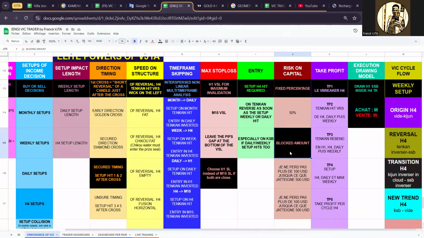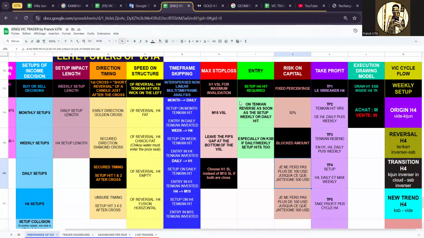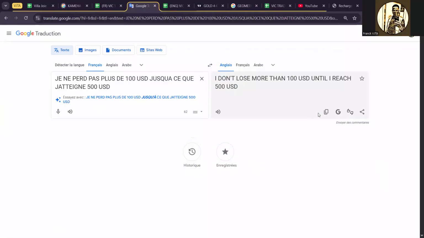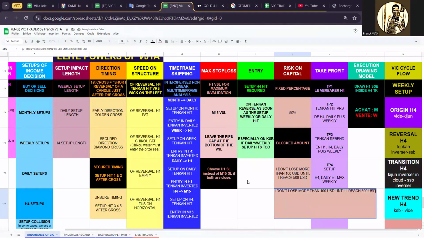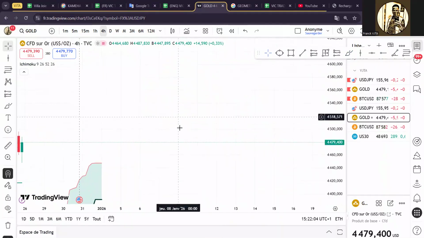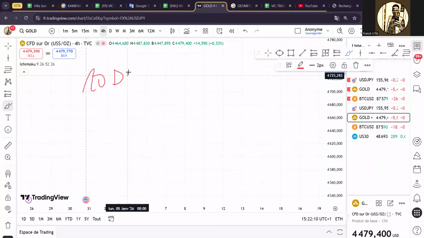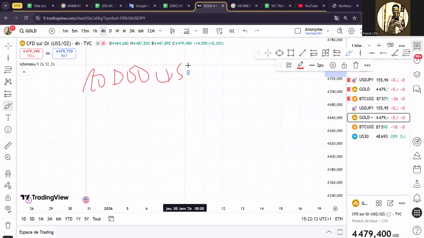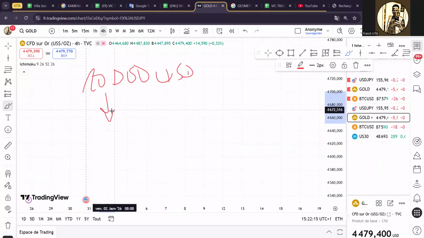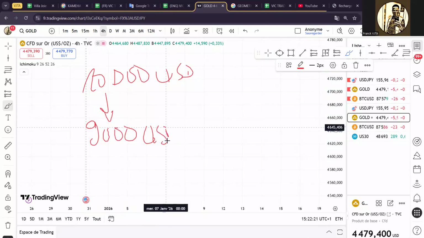Then you have a blocked amount. Let me explain this blocked amount to you. When I passed phase one on a prop firm, I used a blocked amount idea. I had a prop firm account that I bought. It was a $10,000 capital, right? They said that you cannot let the account go down to 9,000.